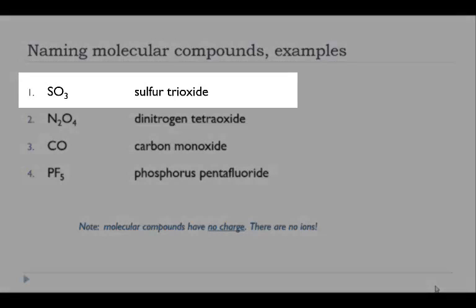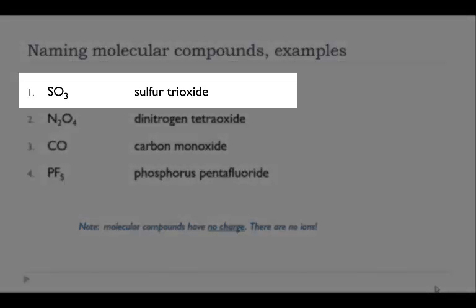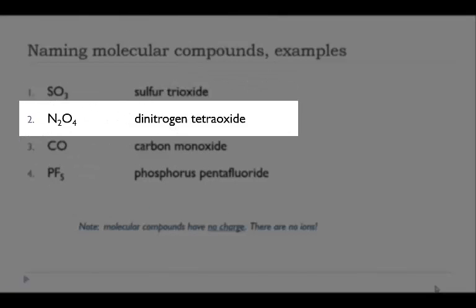Some examples: we have sulfur and we have 3 oxygens. This is a covalent compound because the first element is sulfur, which is a nonmetal, and it's not hydrogen. There's 1 sulfur, there's 3 oxygens, so this is sulfur trioxide. Second compound, we've got nitrogen and oxygen.